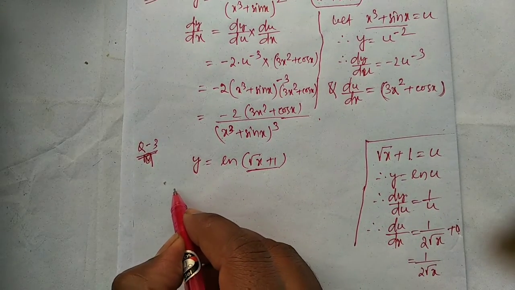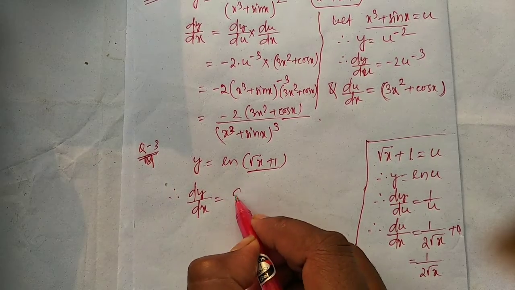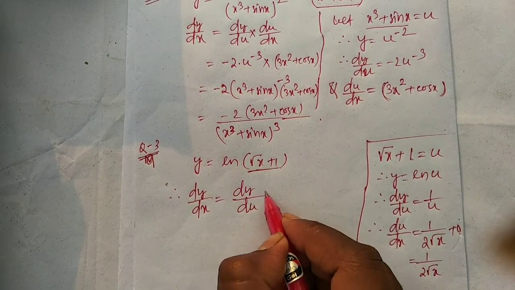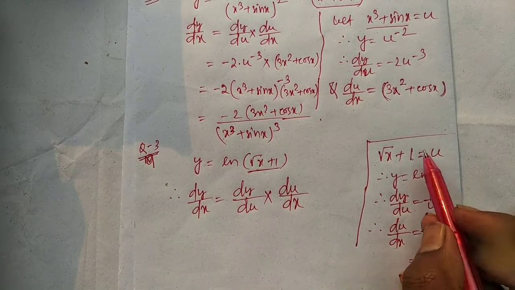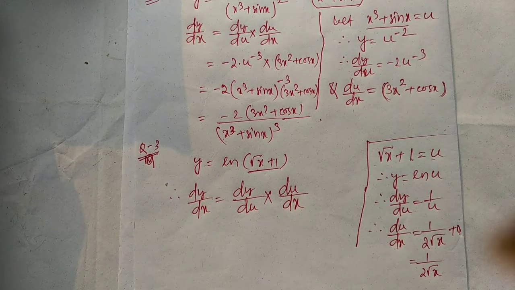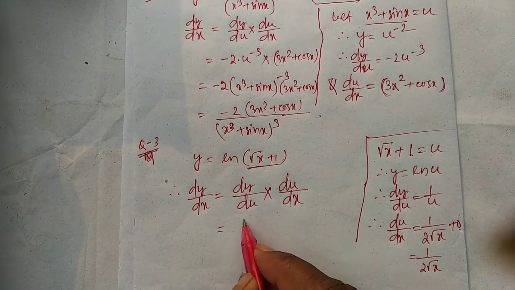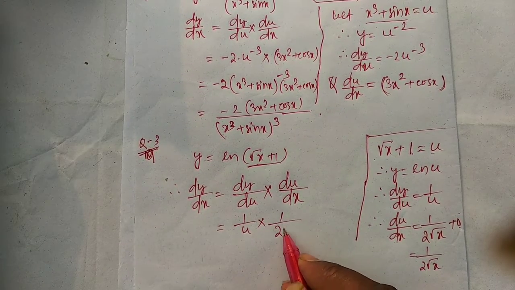So according to chain rule, dy by dx will be dy by du into du by dx. Some may take this one as t, v, w, x, anything, but accordingly you put that value here. So dy by du will be 1 upon u, and du by dx will be 1 by 2 root x.